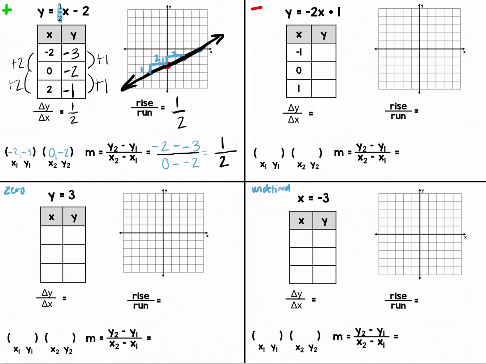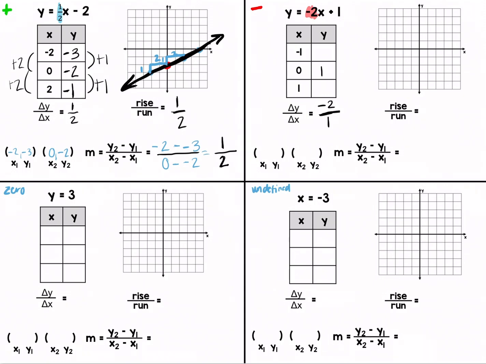Okay, so now let's go to negative slope. So I have y equals -2x plus 1. So my y-intercept is 1. So when x is 0, y is 1. Okay, so now I'm going to use that slope. So my slope is -2/1.